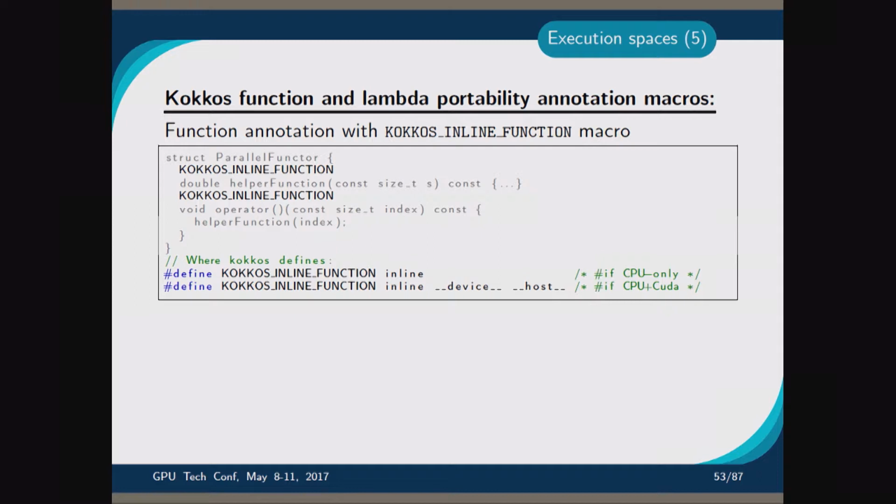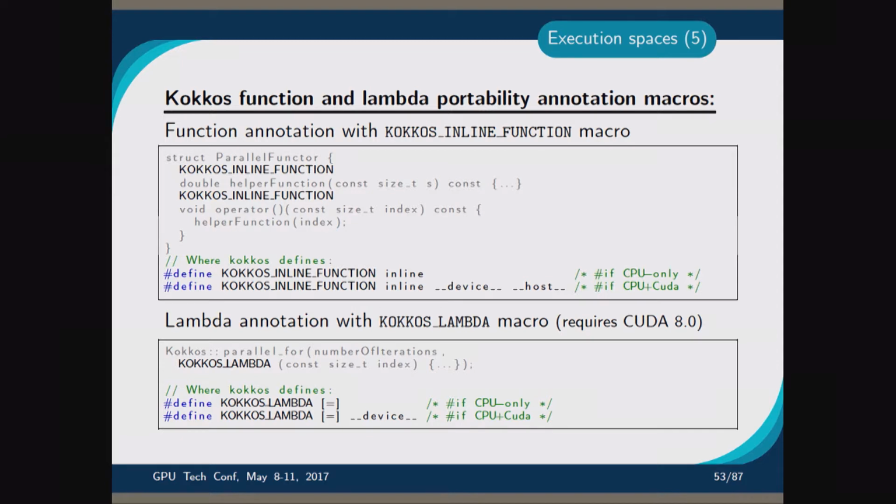But if CUDA is not activated, then it just disappears. So if you mark your function, it detects whether the compiler is a CUDA compiler or not, and then it marks things as appropriate. A bit of a nuisance, but once you start cutting and pasting and just do your yanks and puts with your editor, it's not bad.